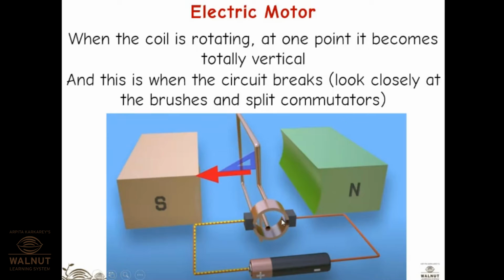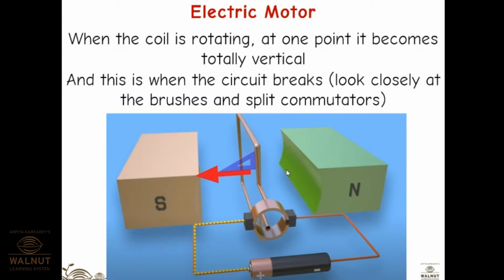They are not connected to these commutators and split rings. Okay, so if in this case the circuit breaks, then the motor should stop working, and if the motor stops working, then your fan should also stop working. It should not rotate, but that doesn't happen. Why so?